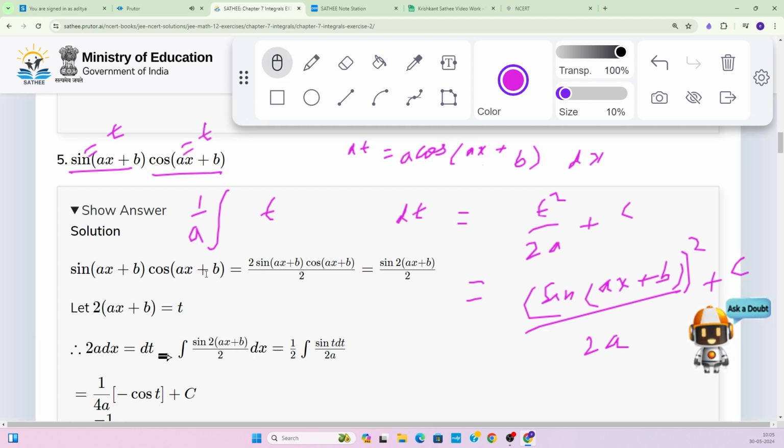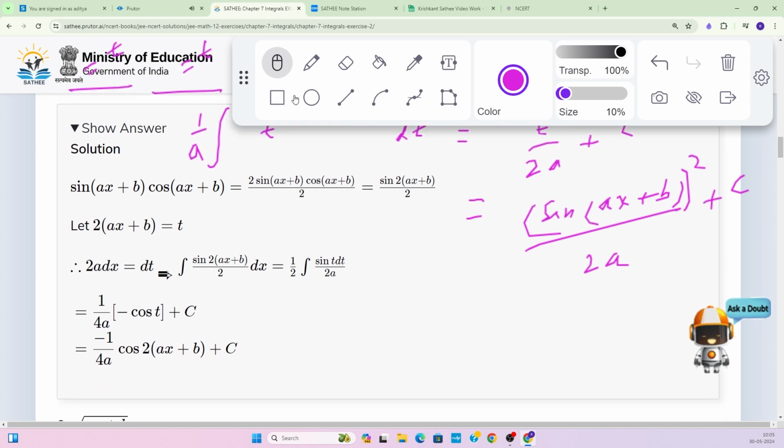Now the other approach we will be seeing is the double angle formula. Multiply by 2 and divide by 2, and you will have in the numerator sin 2 theta form. So this means sin of 2(ax plus b) divided by 2.